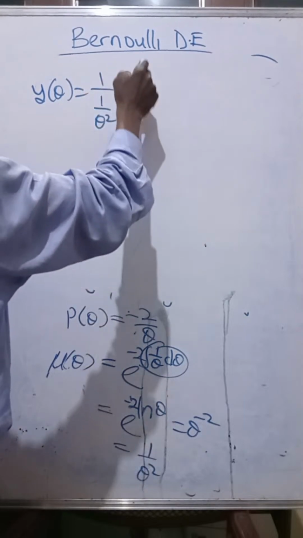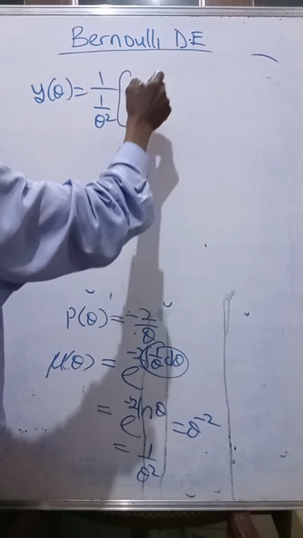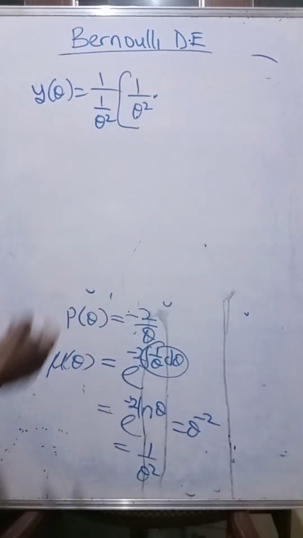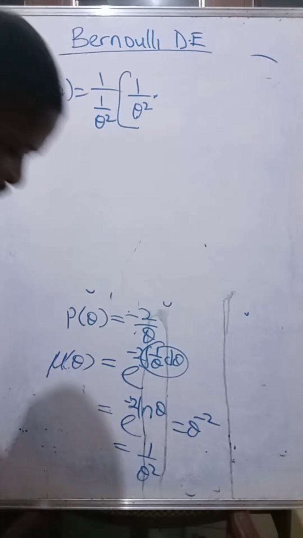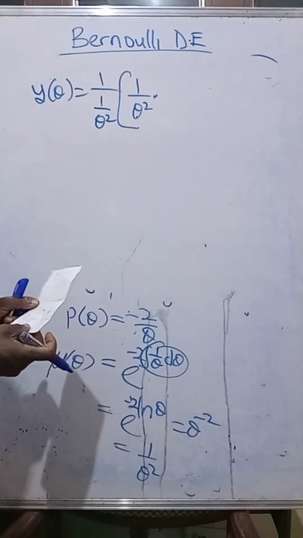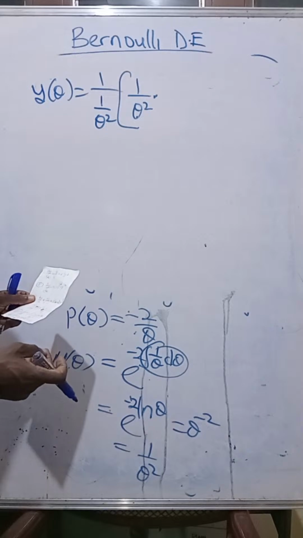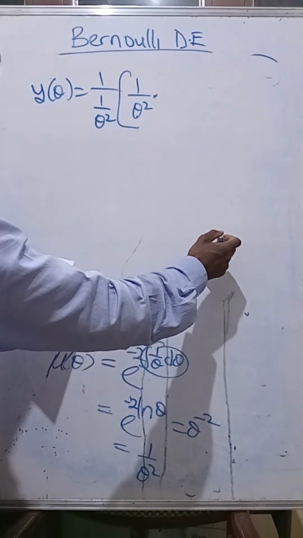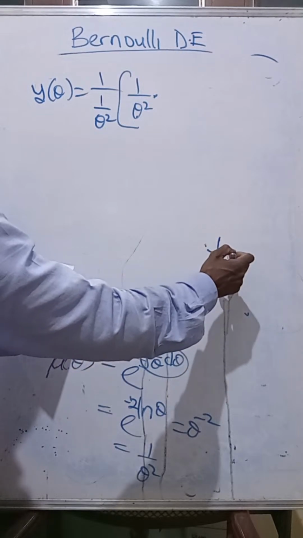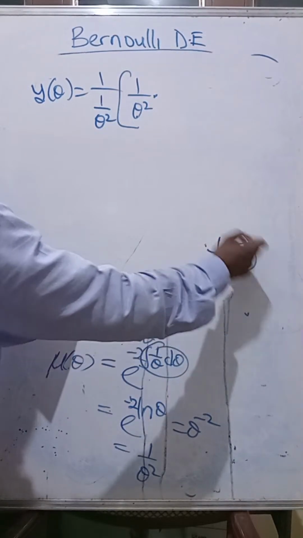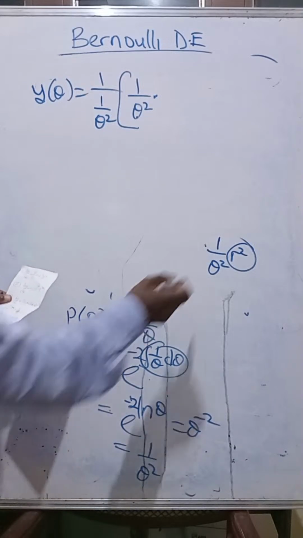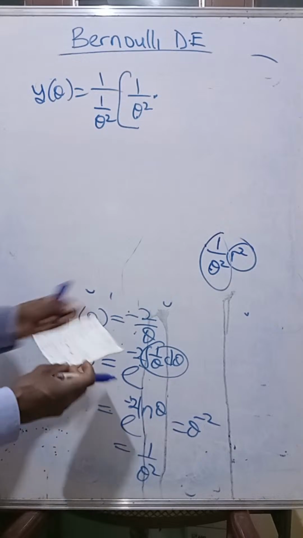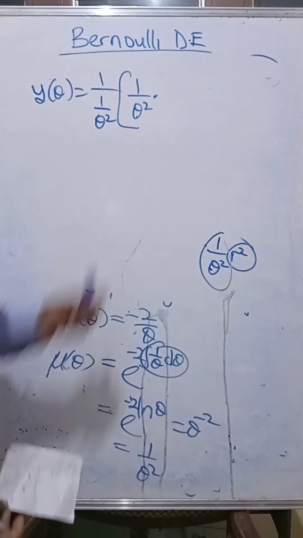Open your brackets, 1 over this, and then times q of x. What's our q of x? Let me see if I can remember. I think we are left with 1 over theta squared r squared, and then we remove this one from here. So I think it is 1 over theta squared. That's the other side.